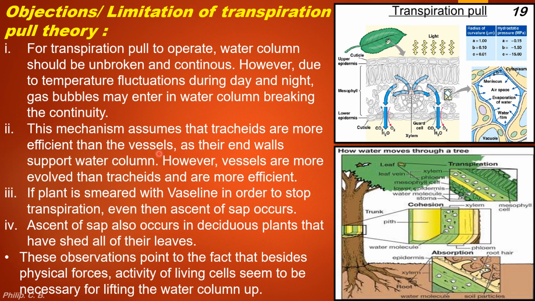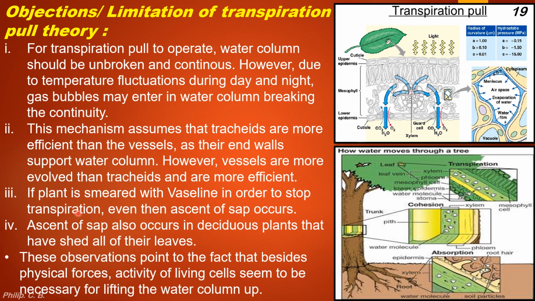Second, this mechanism assumes that tracheids are more efficient than vessels as their end walls support the water column. However, vessels are more evolved than tracheids and are more efficient. So another thing is that tracheids are assumed to be more efficient, helping to support the water column and maintain continuity, but vessels are actually much more evolved and more efficient.